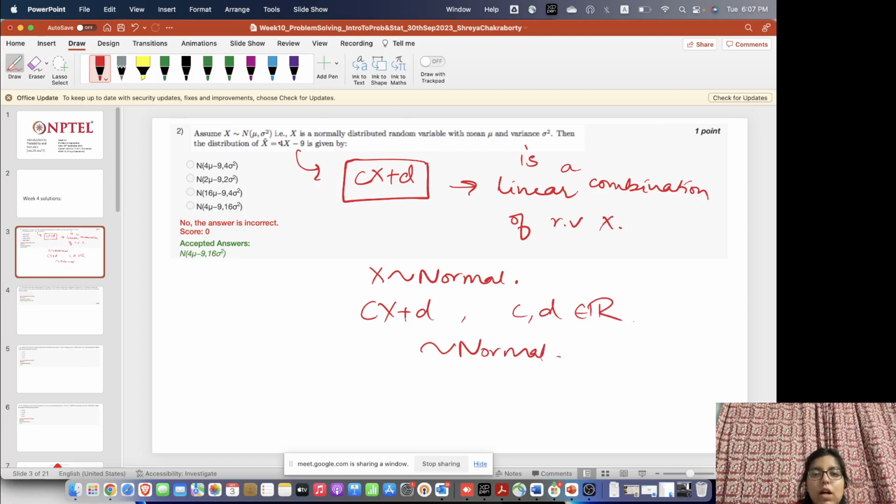So there is no doubt that 4x minus 9 will also follow a normal distribution. As you can see in the options, all 4 options are for normal distribution.